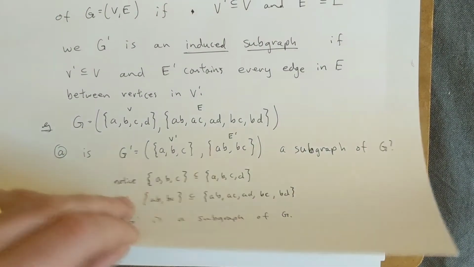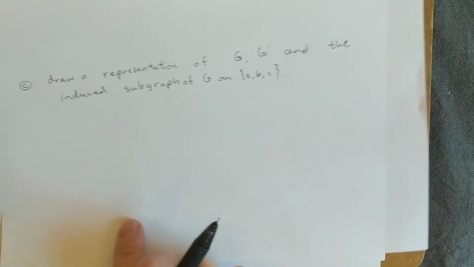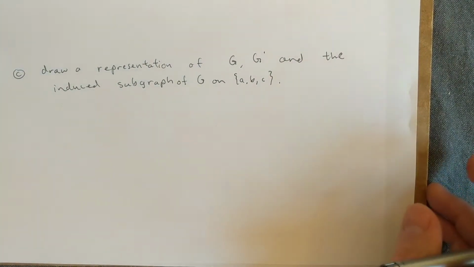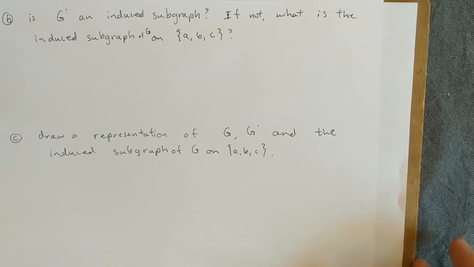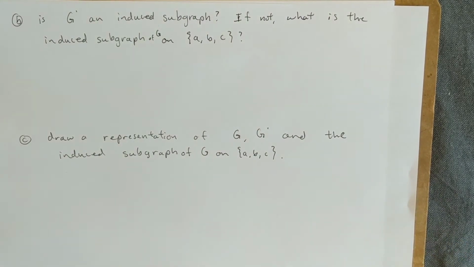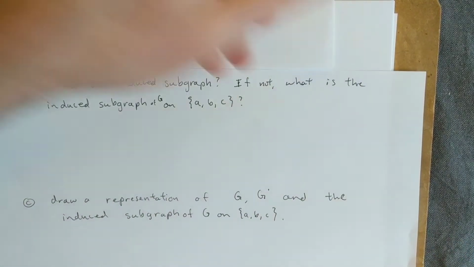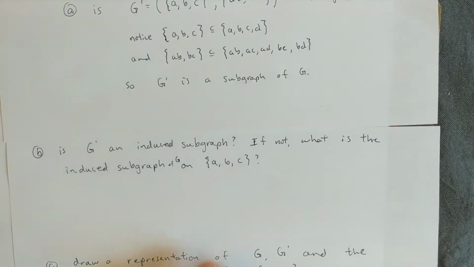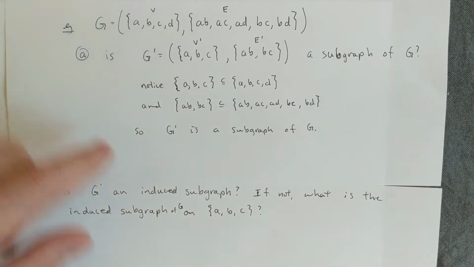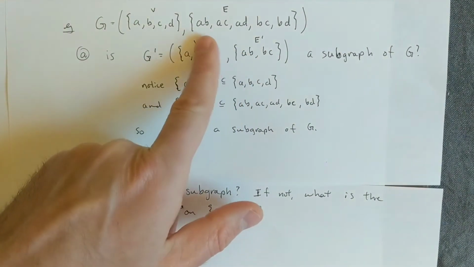Okay, so let's talk about induced subgraphs. So next question, is G prime an induced subgraph? So if we go back to the definition of G prime up here, notice that we do have AB and BC.